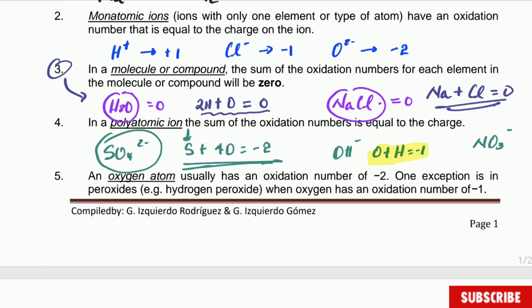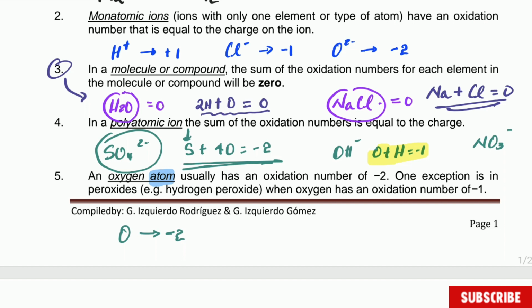And oxygen atoms actually have an oxidation number of -2. Yes, very simple, very easy, very useful. Oxygen will always have an oxidation number of -2, except in some cases. Let's write oxygen atom. Yes, it is there. So we're talking about an oxygen atom having an oxidation number of -2.